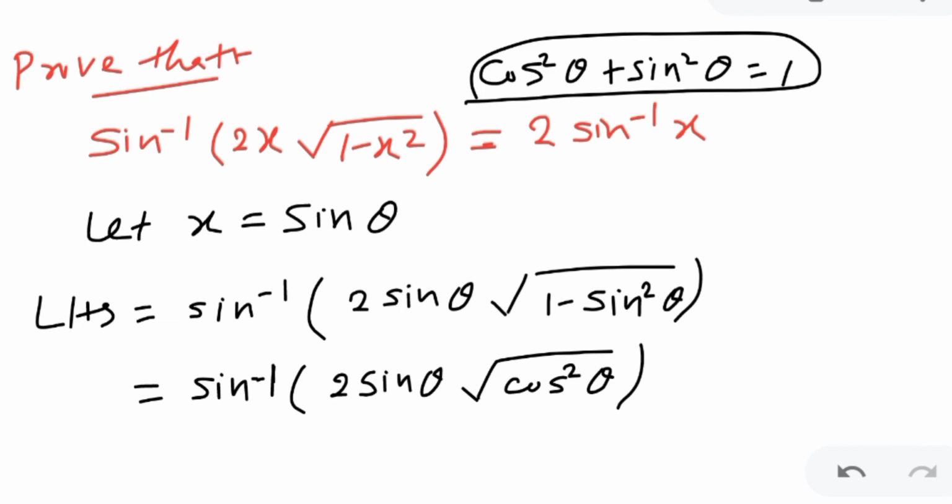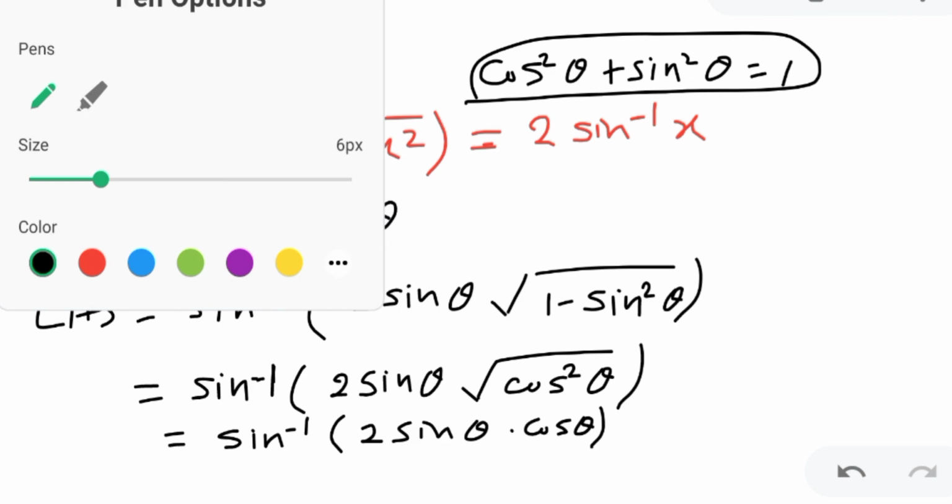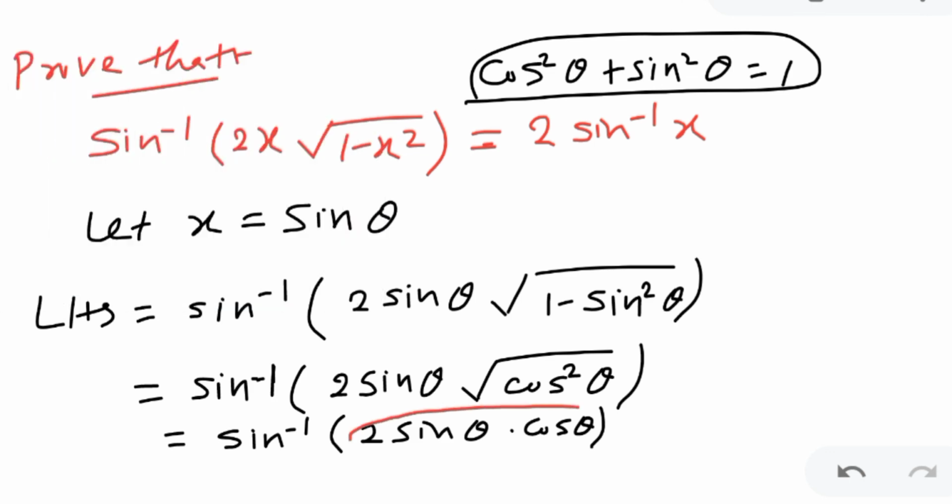And square root of cos square theta, so cos theta will come outside. So it will be sine inverse of 2 sine theta cos theta, and 2 sine theta into cos theta will be sine 2 theta. Sine 2 theta formula is 2 sine theta into cos theta.